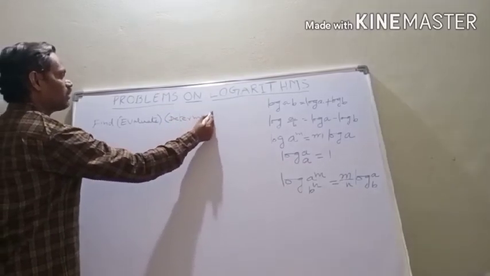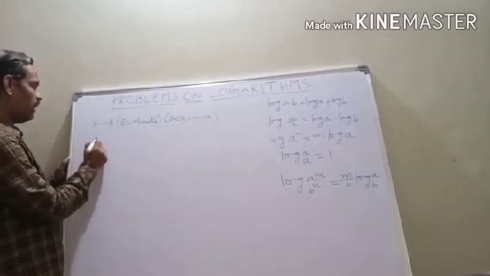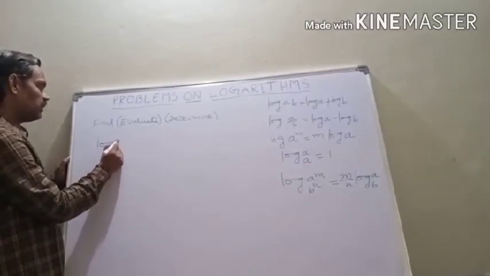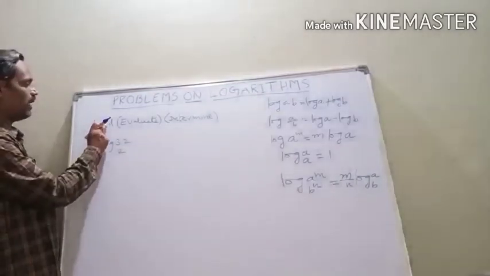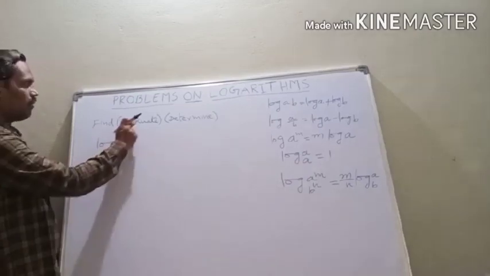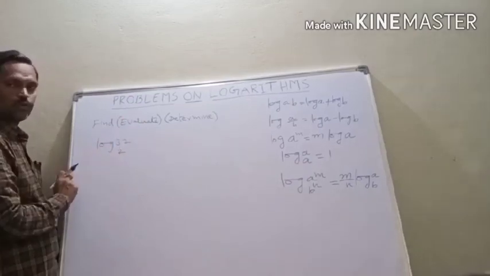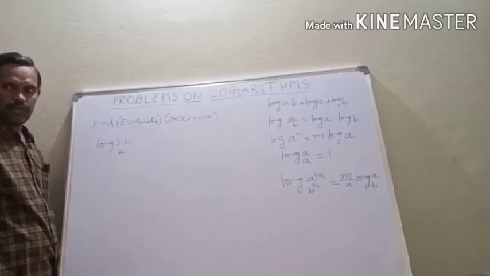Find or evaluate or determine log 32 base 2. Now the problem is to find the value of log 32 base 2, or evaluate log 32 base 2, or determine the value of log 32 base 2.